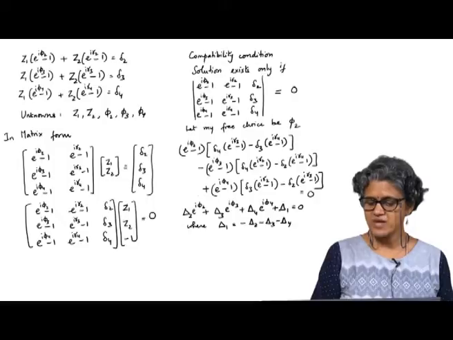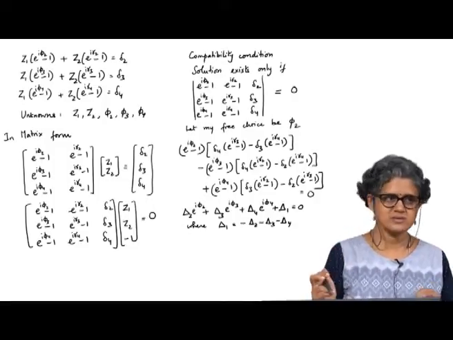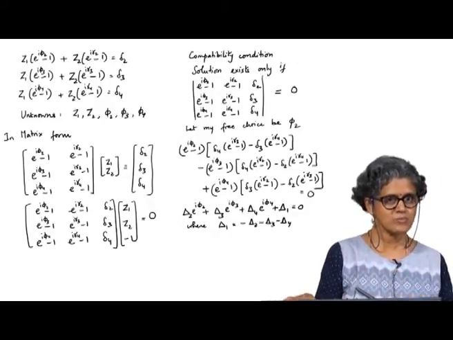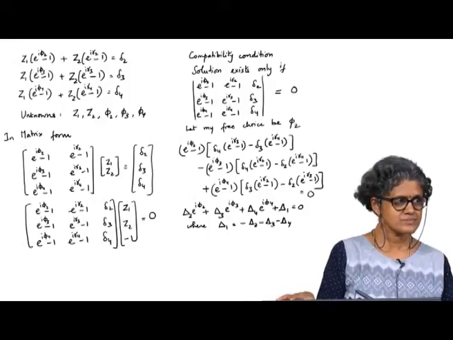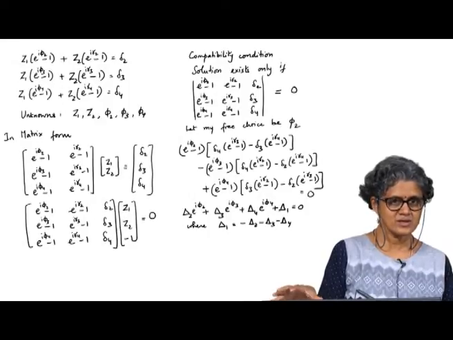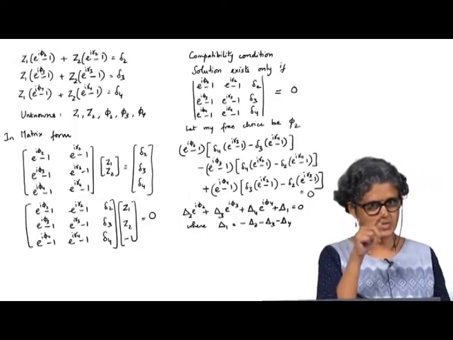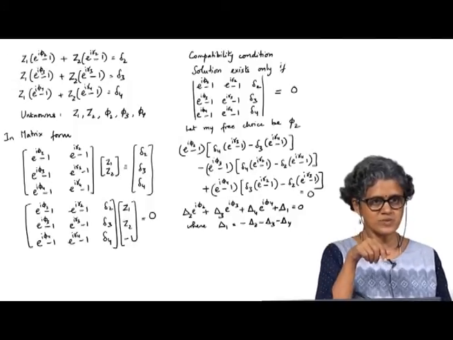If I take phi 2 as my free choice, that becomes the input to this 4 bar. So, in the first position it is delta 1 plus delta 2 plus delta 3 plus delta 4 equal to 0. That is my loop closure equation.